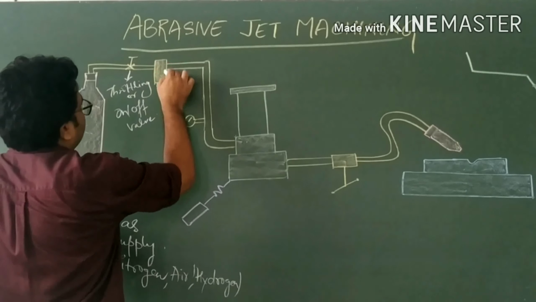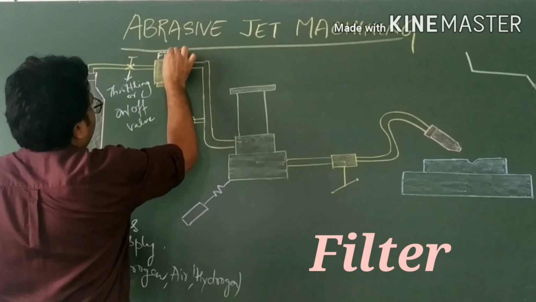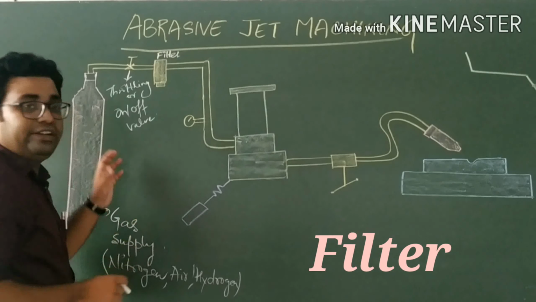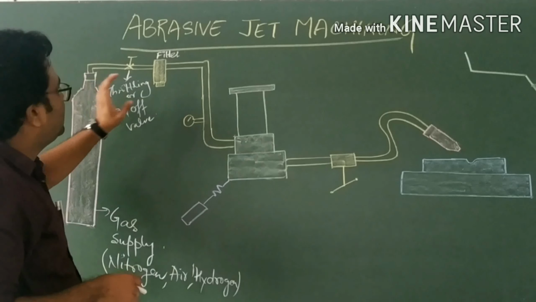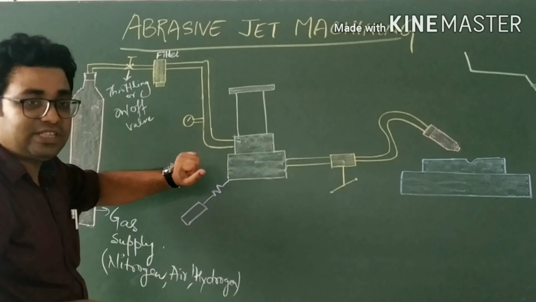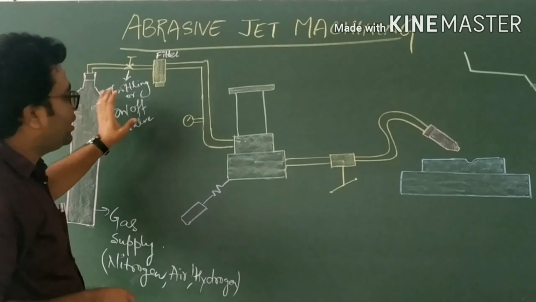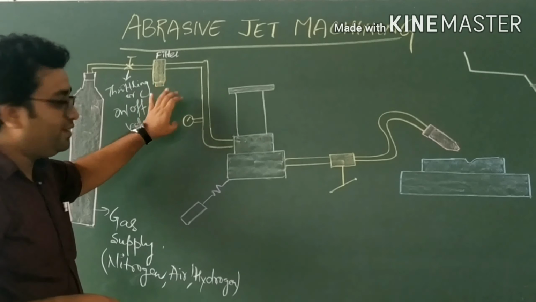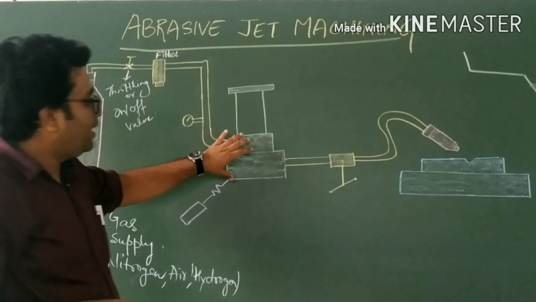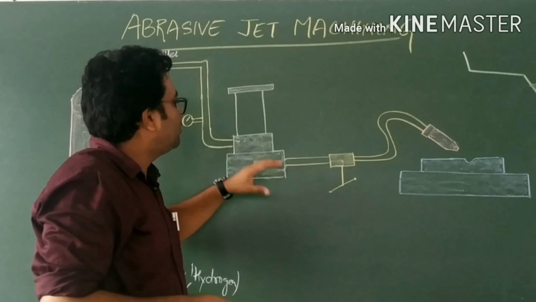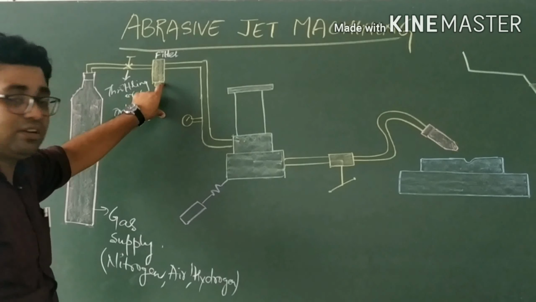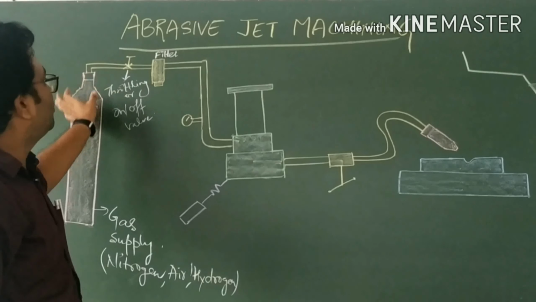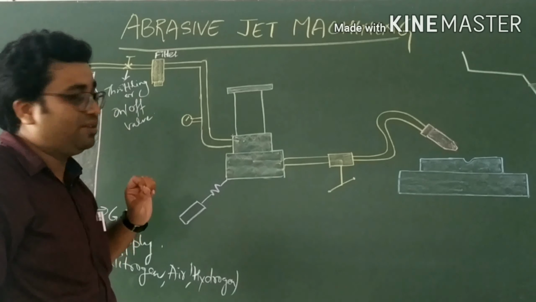After this is a filter. The basic function of the filter is to purify the gas which goes into the mixing chamber, as the gas may contain dust, oil, and grease, which can be very harmful or can cause damage to the nozzle. So we use a filter which purifies the air which comes from the cylinder and goes to the mixing chamber.